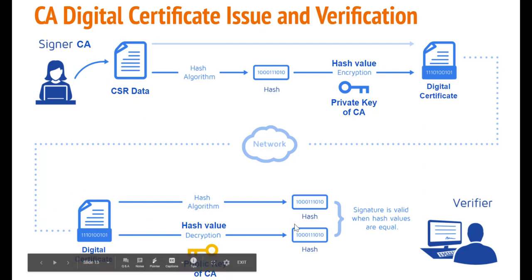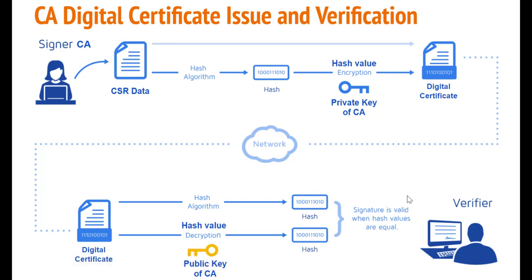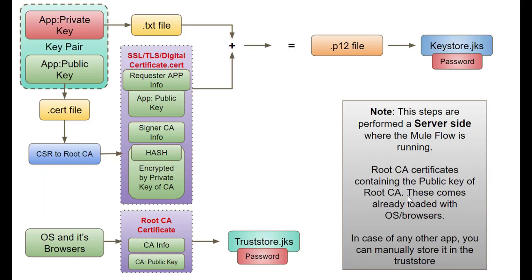So it applies the same hashing algorithm and it generates the hash value again. Once these hash values match, then it confirms that okay, that particular digital signature is valid. So this is how it actually verifies.